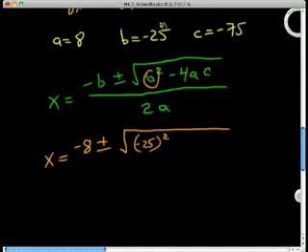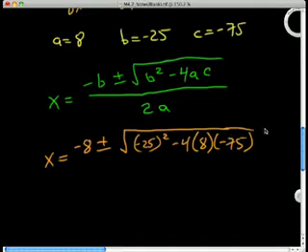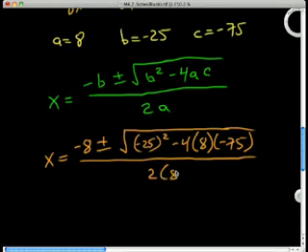Plugging in for b, I've got the negative 25. Very careful with my parentheses, because if I don't have parentheses, I would get a negative value here, but this is in fact going to be positive. Minus 4 times 8 times negative 75, all over 2 times 8.